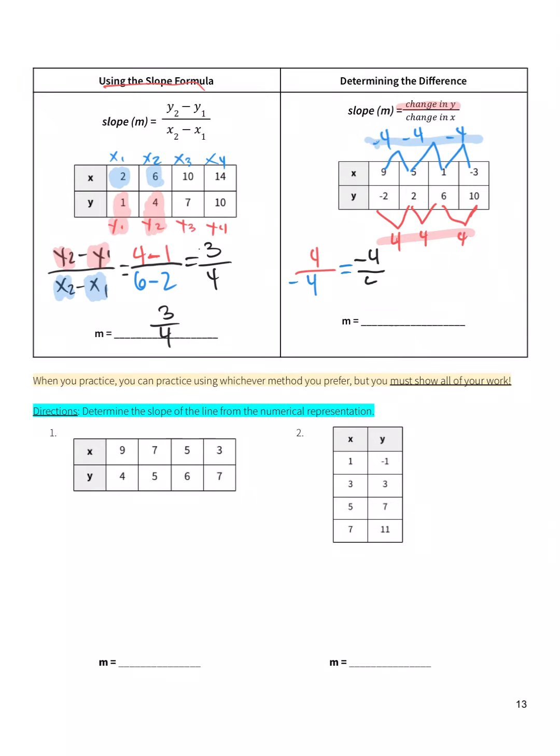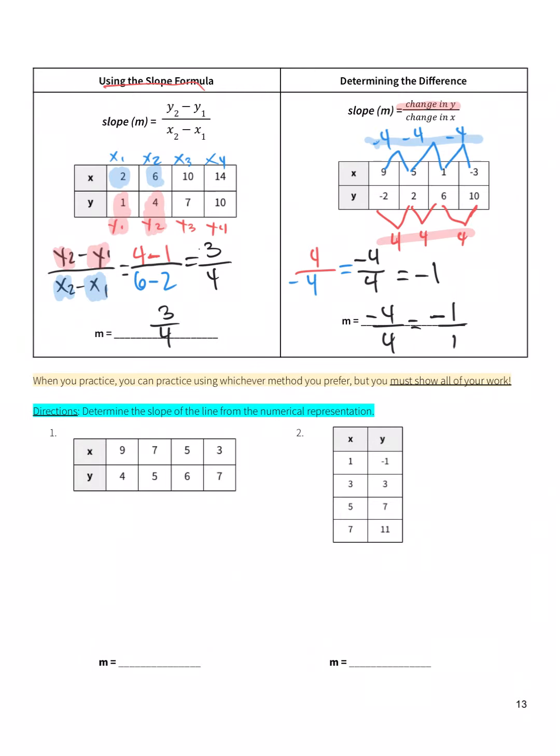Negative 4 over 4. Now here, remember when you have a number and you divide it by itself, 4 divided by 4, that's equal to 1. Negative 4 divided by 4 is equal to negative 1. So if you wrote your slope as negative 4 over 4, that would be fine. Or you can write it as negative 1 over 1.